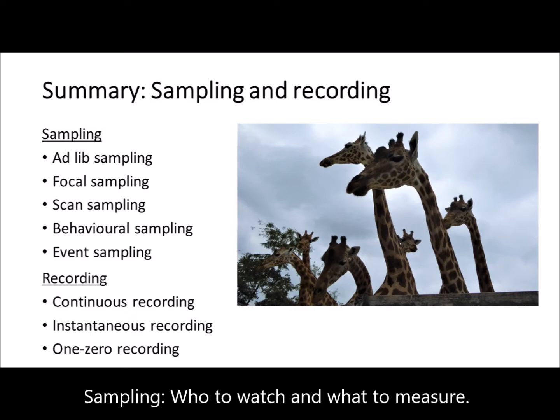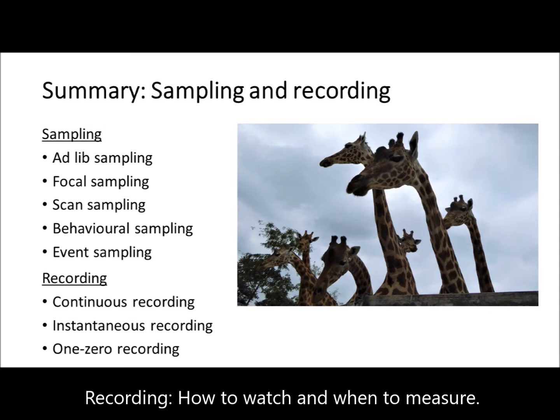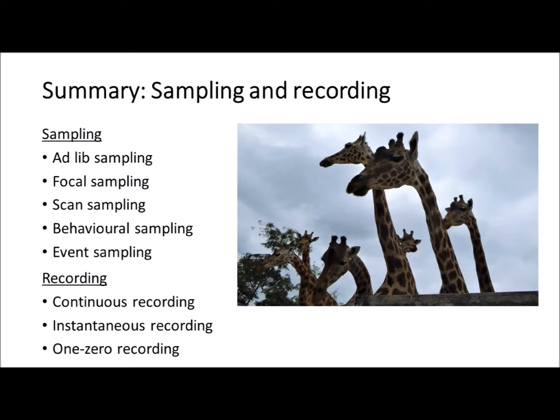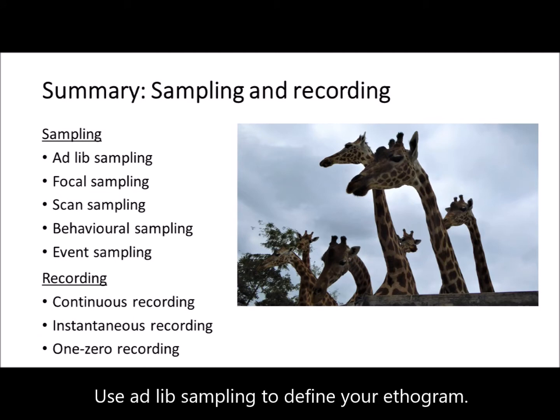Sampling rules are who you watch and what you measure, and recording rules are how you watch and when you measure. And there are different types of sampling and recording rules that you can use for observational studies.